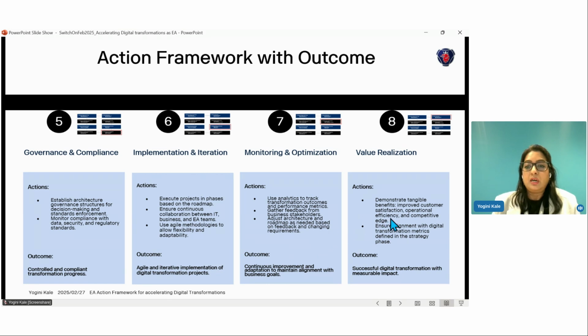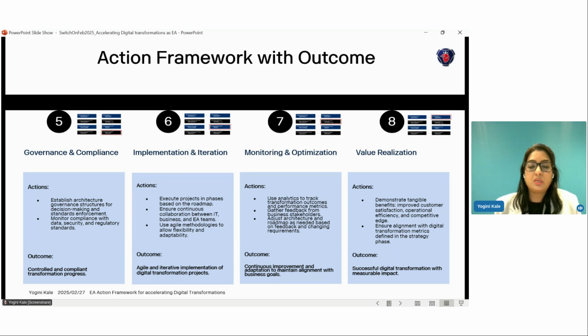And finally, you demonstrate the value through alignment with the digital transformation metrics defined in the strategy, and make sure that customer satisfaction is taken care of, and the operational efficiency and competitive edge are also looked into for the final outcome of transformation. And then this goes into a cycle.